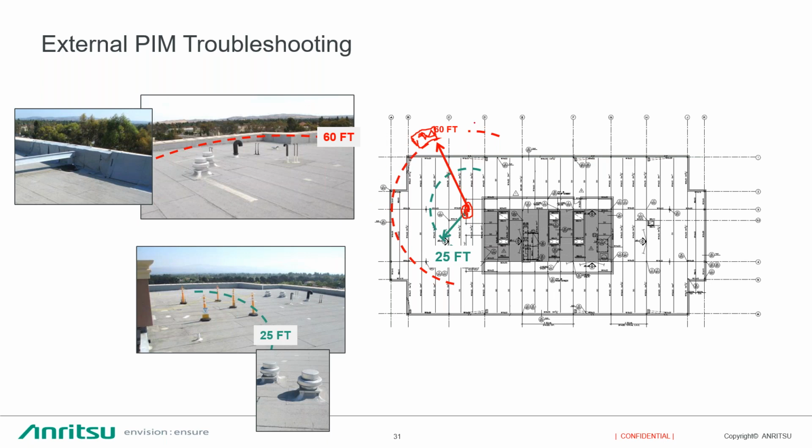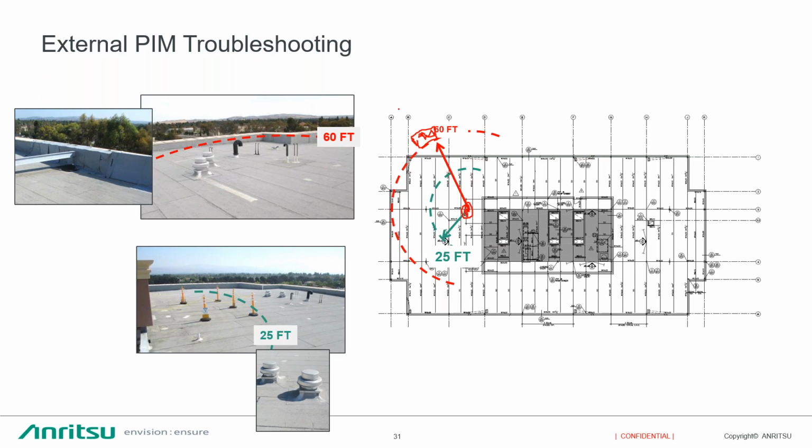But on a macro cell, you may have to call up. But at least in a macro cell scenario where you have a distance to PIM calibration, at least you know it's external, not internal. And so you're not on a wild goose chase. You're looking for something specific and looking at mitigating something specific.